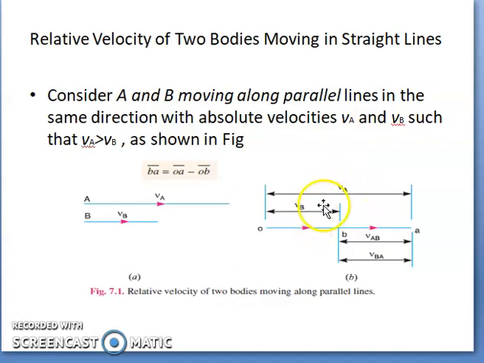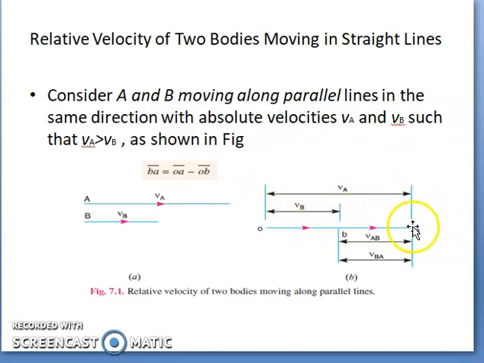Similarly, if you are considering body A to be stationary and body B is moving, then the velocity of body B with respect to A is the relative velocity of body B. So this is the vector VA and this is the vector VB.